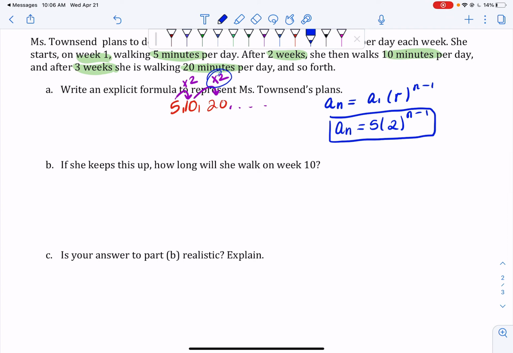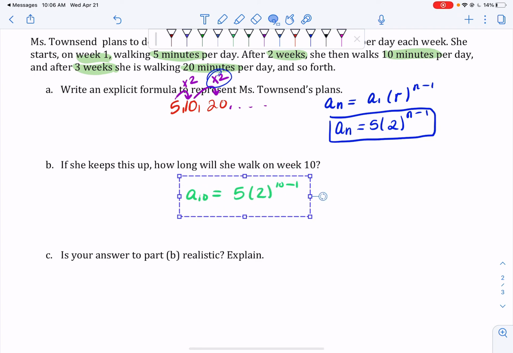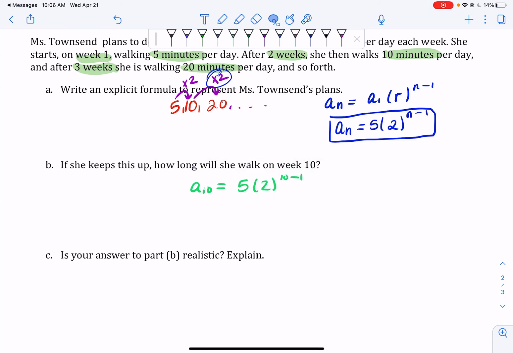Part B says, if she keeps this up, how long will she walk on week 10? So that basically means I'm going to plug in 10 to my rule. So I get a sub 10 equals 5 times 2 to the 10 minus 1, because I'm just plugging in 10 to my rule. When I type that into my calculator, I get 2,560.